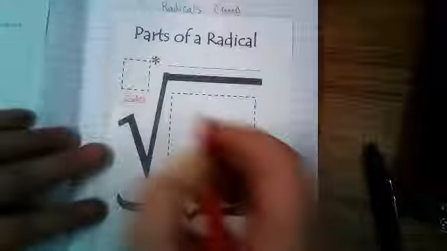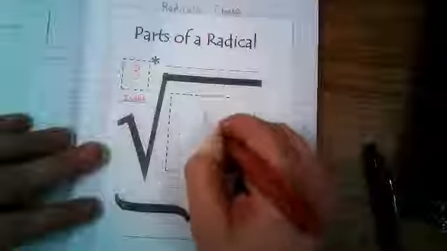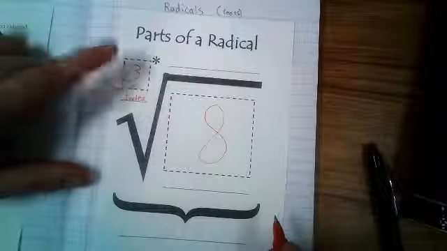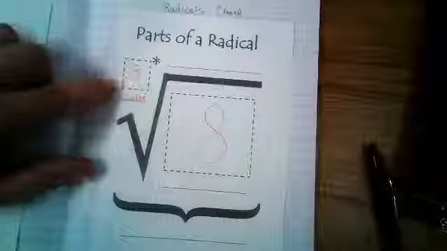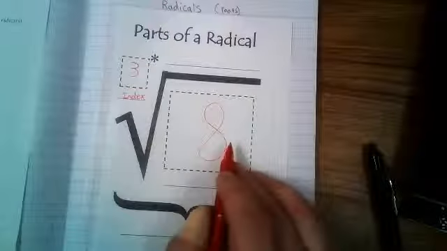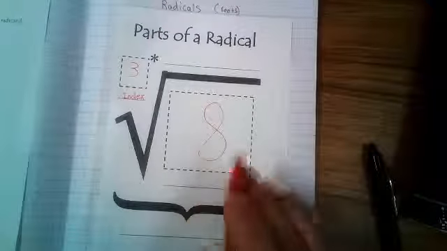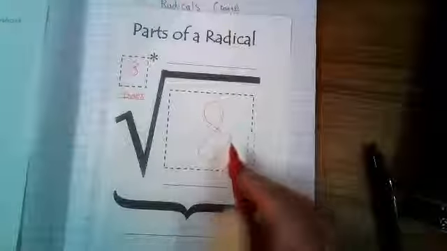Okay, so if I am in fact trying to find the cube root of 8, my index is the number that I'm taking the root of, or the number that I'm doing the opposite of. So cube root means I'm trying to find a number that I would cube to get 8. Okay?